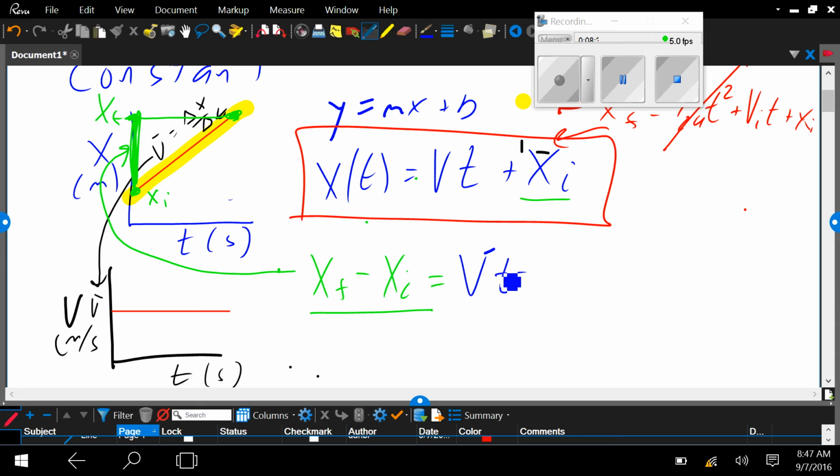V times t is displacement. And what Nathan just told me to do is, take that v that you have right there, multiply it times the time right here, and you're going to find the area underneath my, I'm going to use the word curve. I know it's a straight line. I'm using the word curve in the most general shape of a line. It wouldn't have to be a straight line. It could be a curve, and the answer would still be find the area underneath it.